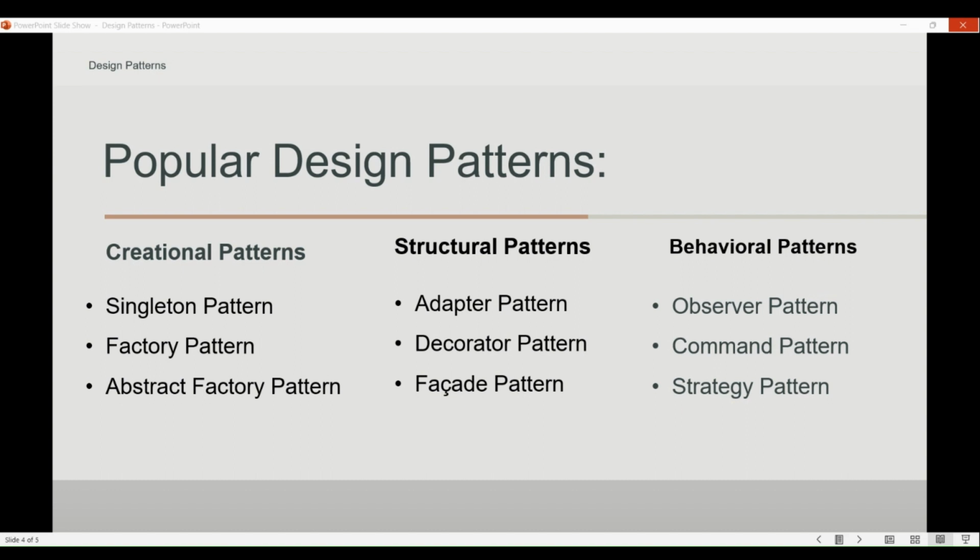Next, we have the command pattern, a pattern which encapsulates a request as an object, thereby allowing you to parameterize clients with different requests, queue or log requests, and support undoable operations. And we have the strategy pattern as well, a pattern which defines a family of algorithms, encapsulates each one, and makes them interchangeable.